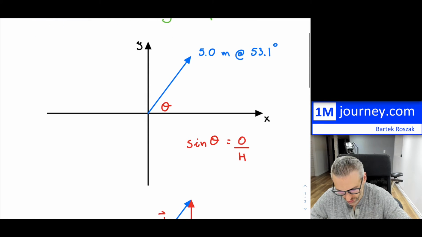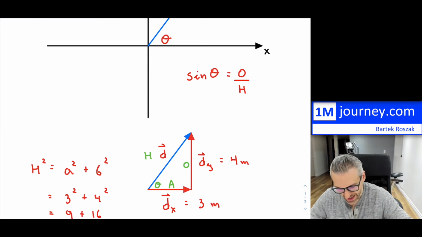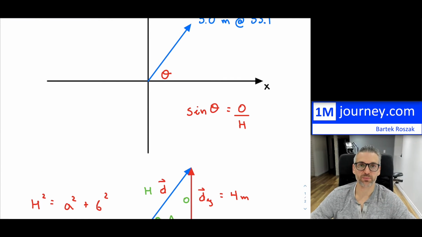So as you're going through, this is what you would have. Now, if I write these out for you, this is the opposite, this is the adjacent, this is my angle right there, and that becomes your hypotenuse. Now you have a relationship: sine of an angle is equal to opposite over hypotenuse.